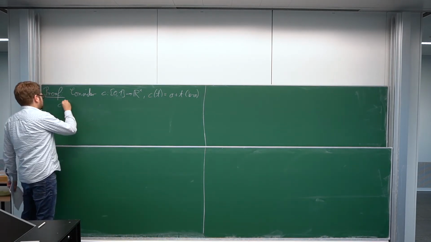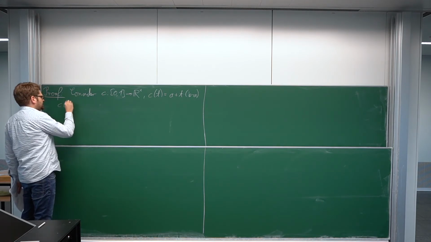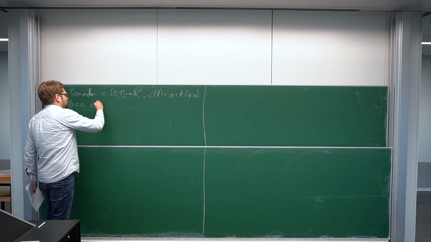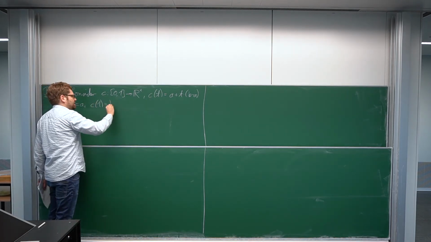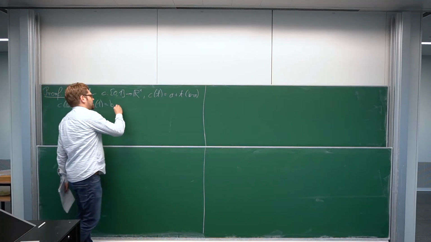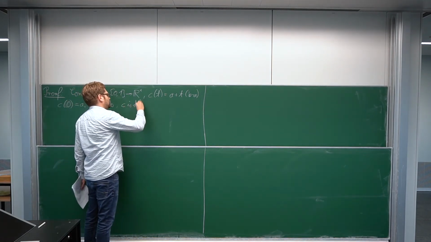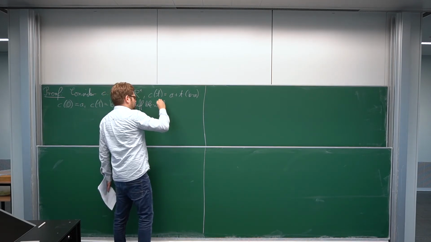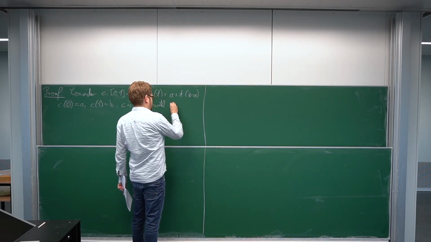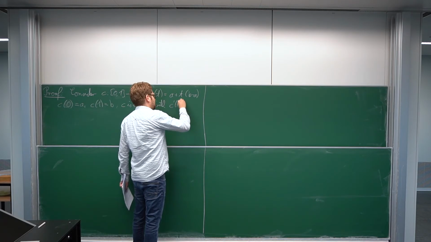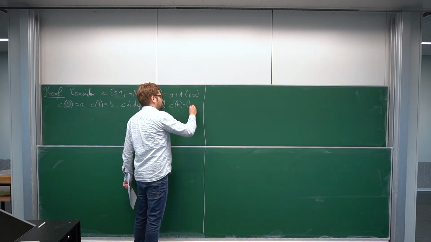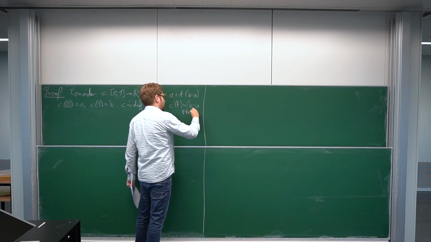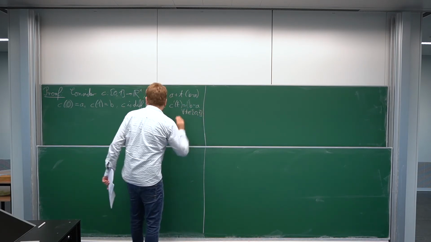First of all, this parametrizes a line segment. C of 0 is obviously A. C of 1 is A plus B minus A, which gives B. And C is differentiable with C prime of t, the derivative of a linear function, which is constant. This is just B minus A for all t between 0 and 1.